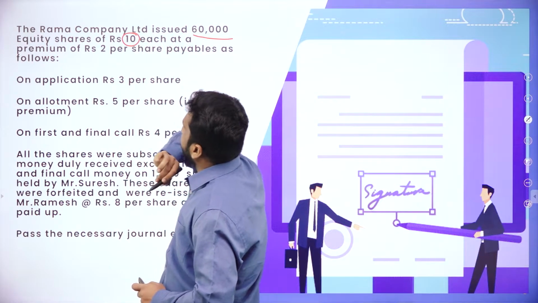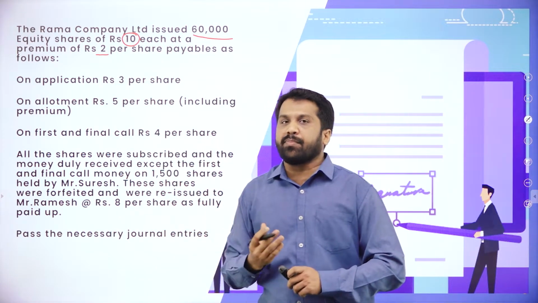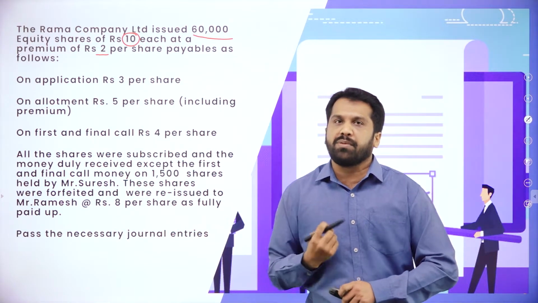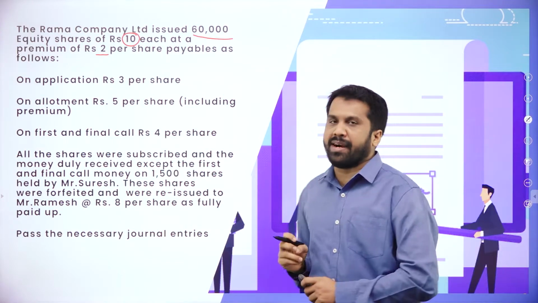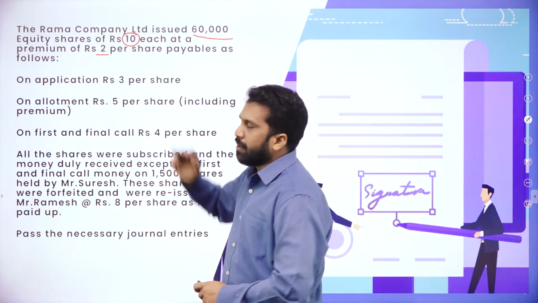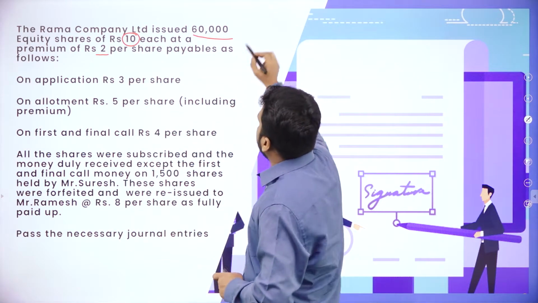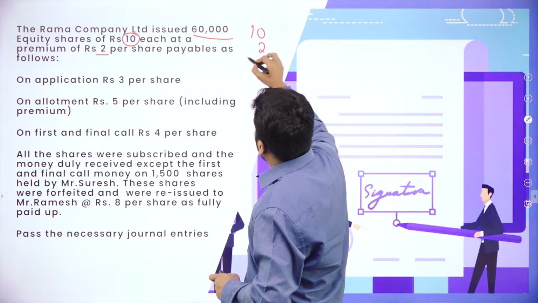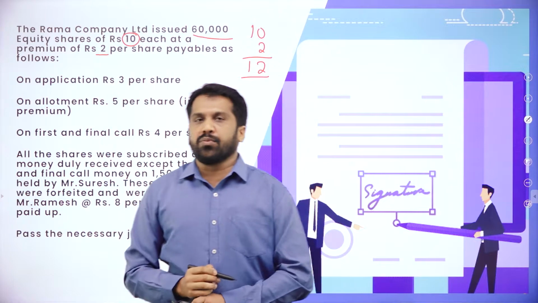Share value is 10. What is the premium? Premium, as I told you, is the extra we pay. If the company's share has demand, then we will pay more. Actual value is 10, but we are paying 2 rupees more. 10 plus 2, the total value is 12 rupees.